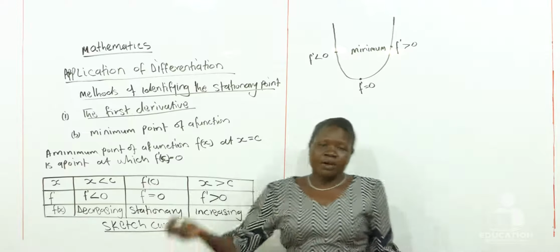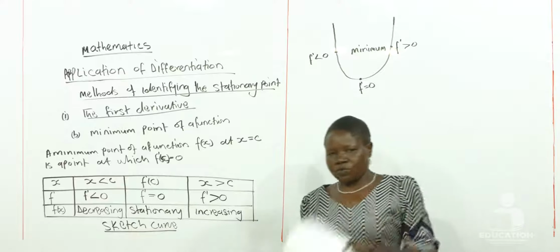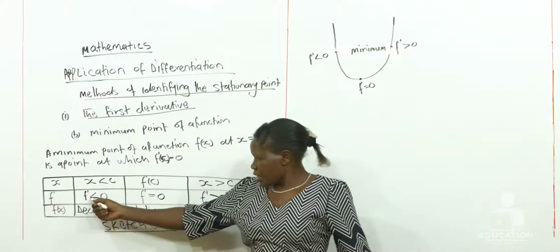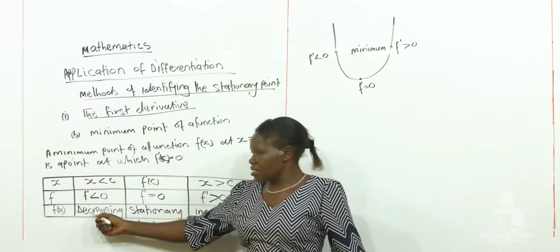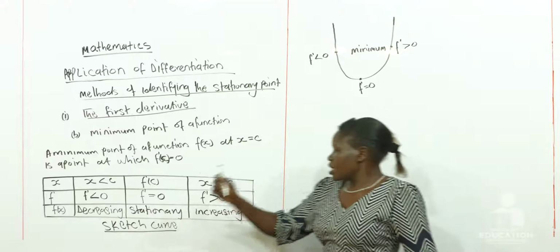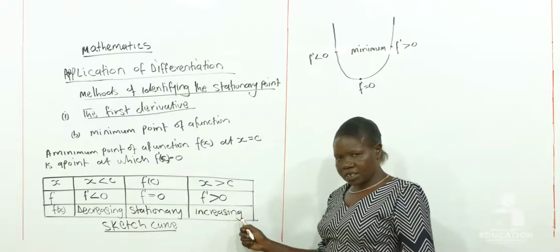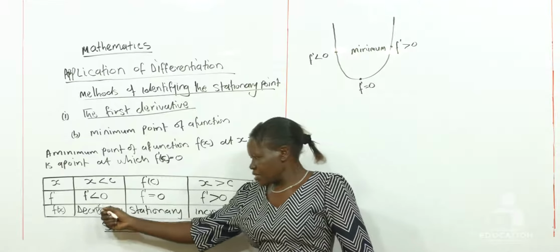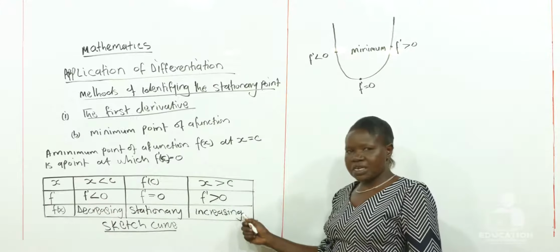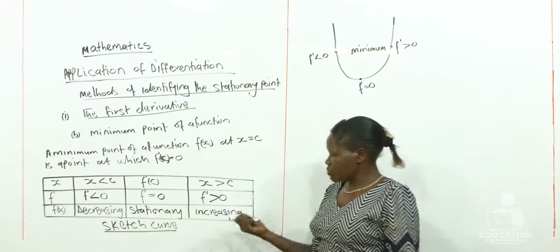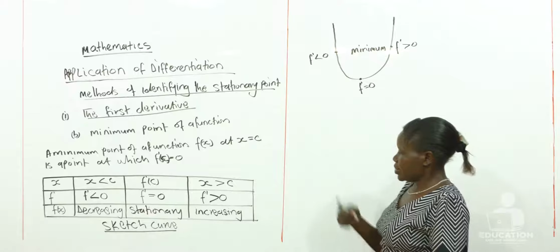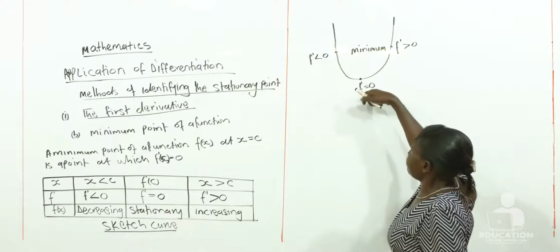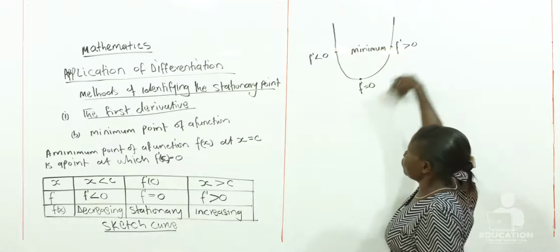Meaning that the maximum is the opposite of the minimum. Remember that in our previous lesson we said there will be an increase and then a decrease in the case of a maximum. But with this minimum, there will be a decrease and then an increase. When you look at our illustration, the curve will appear in a U shape.